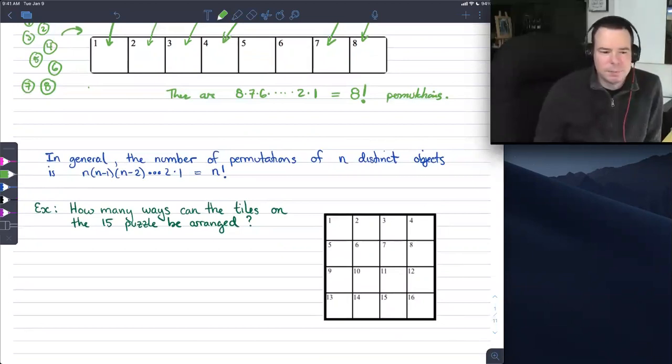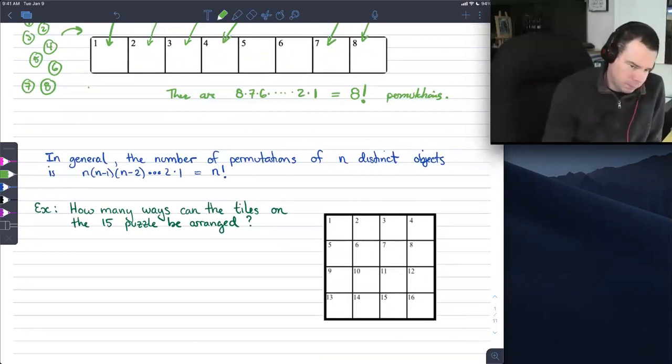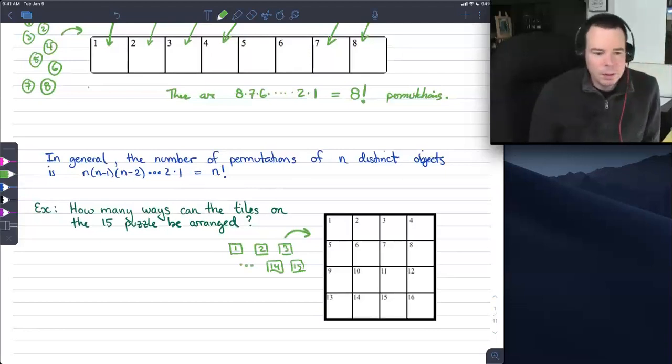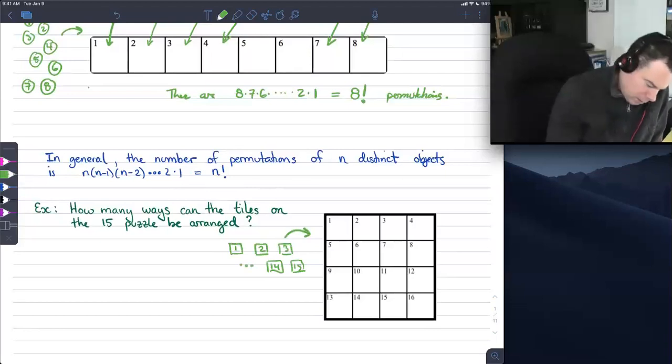Any ideas? Yeah, I've got some answers there, looks like there's 16 factorial. So I've got all these tiles, and I want to place them on the board. There's 15 tiles, and then what I often refer to as the empty space.